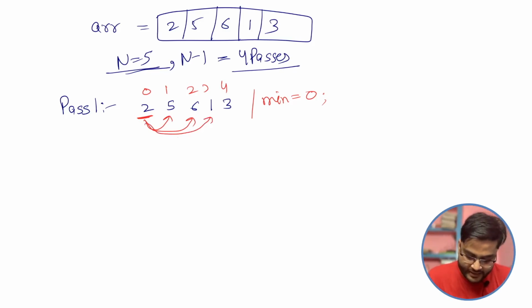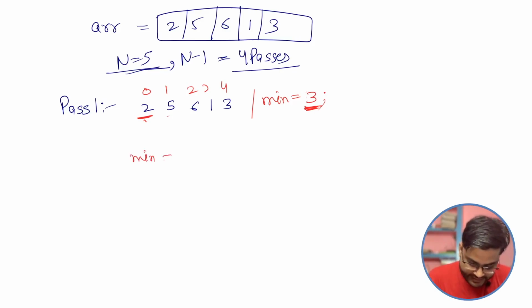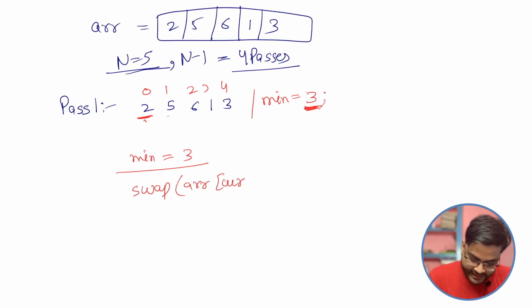So I will update the index. So my minimum is at third index. Now I will check if 3 is less than my minimum. So no, 3 is not less than 1. Okay, so after first pass, my minimum is at index 3, right? So what I will do, I will swap the value at current index and the value at minimum index.